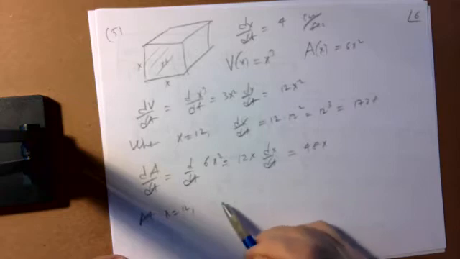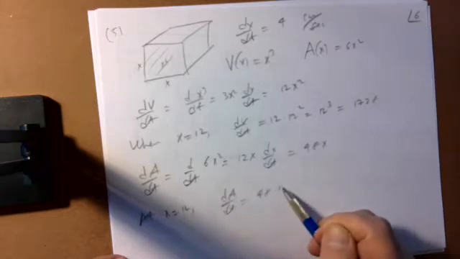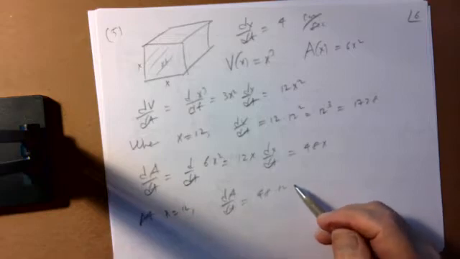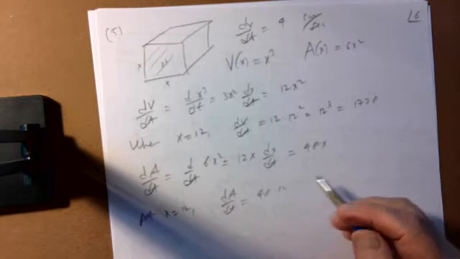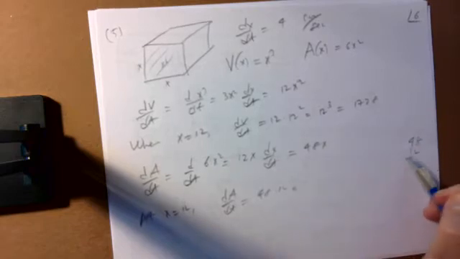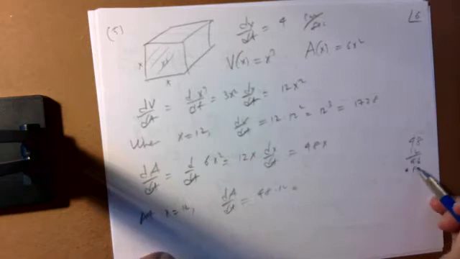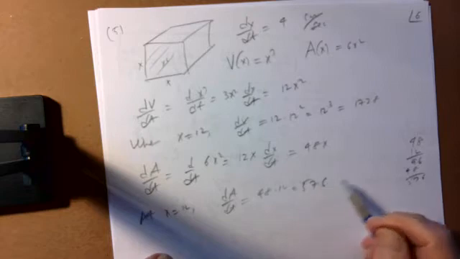So at x equal 12, dA dt is 48 times 12, which is 576.